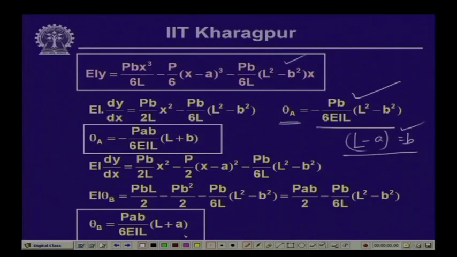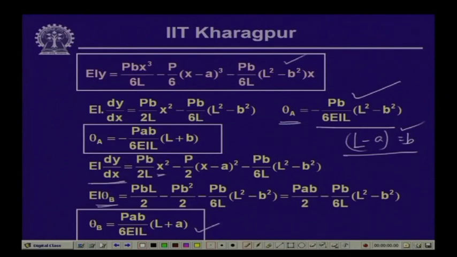Theta b accordingly, if we substitute x equals to L in the expression of dy dx as we obtained earlier, we get the value of theta at b as P a b by 6 E I L times L plus a.